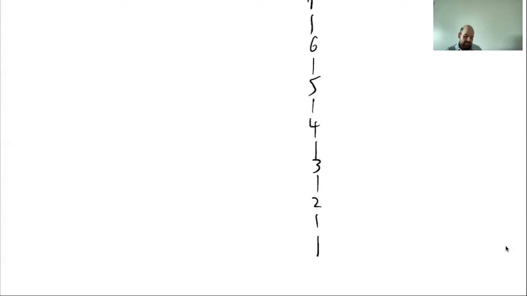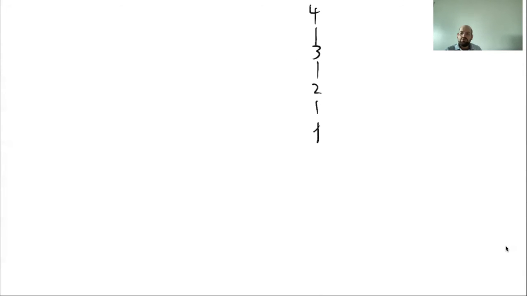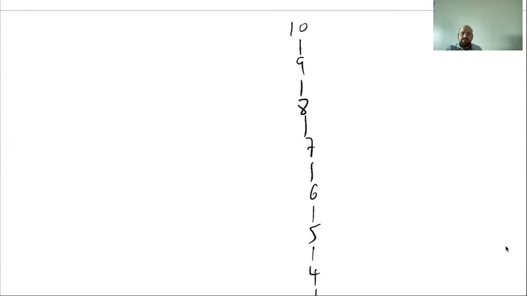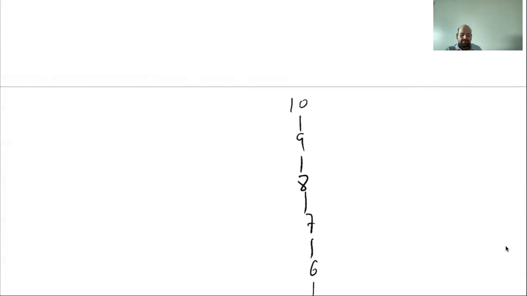This is a very simple Hasse diagram. 1 is less than 2, 2 is less than 3, 3 is less than 4, and so on up to 9 less than 10.